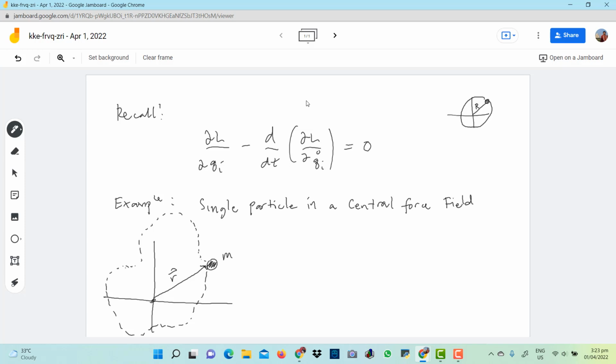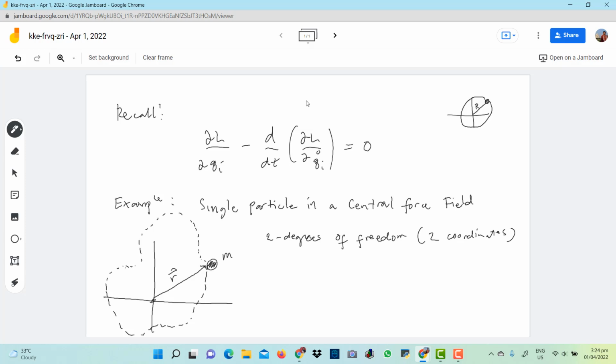Question is, in this case, how many degrees of freedom? We have two. There are 2 degrees of freedom. If your r is fixed, if r is constant, there is only one degree of freedom, and that is just theta. In this case we have 2 degrees of freedom, meaning 2 coordinates. It is 3 dimensions minus the equation of constraint.